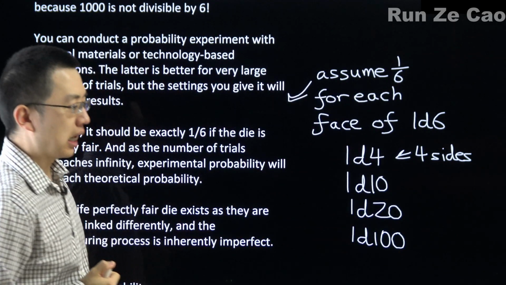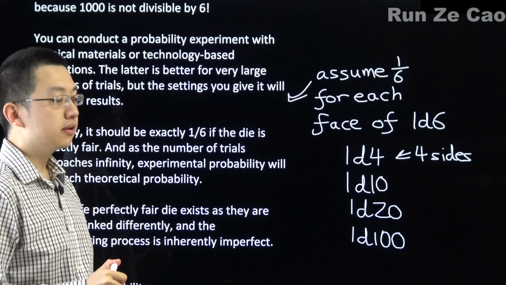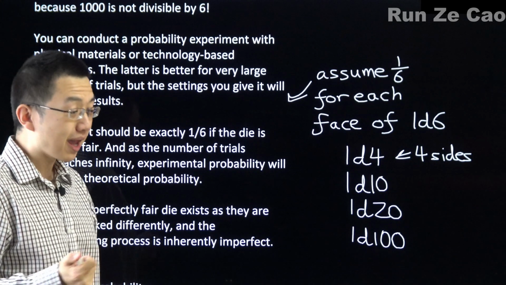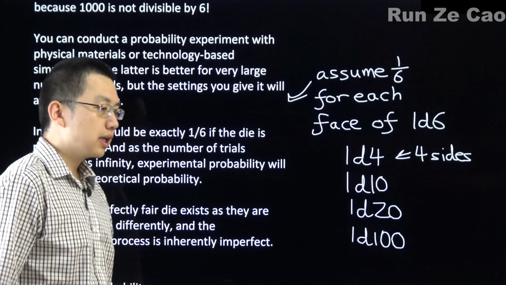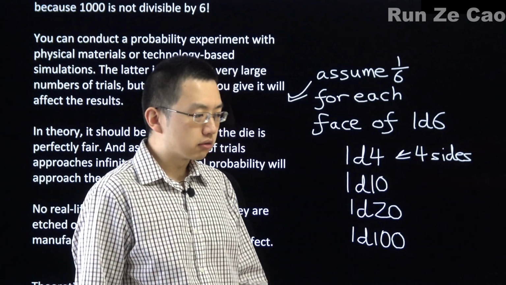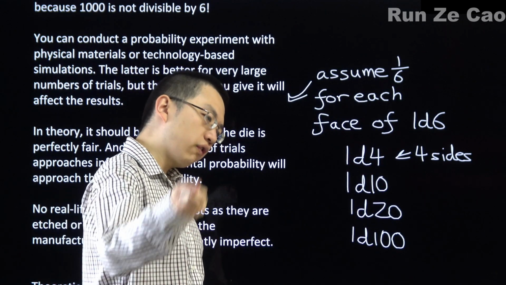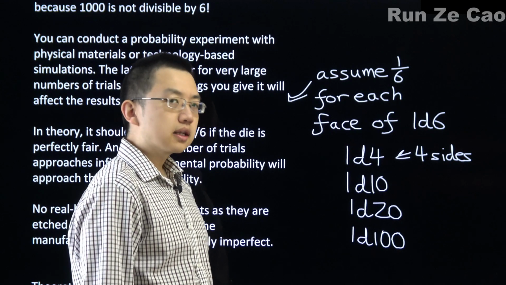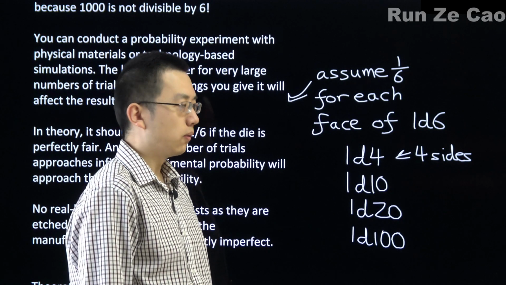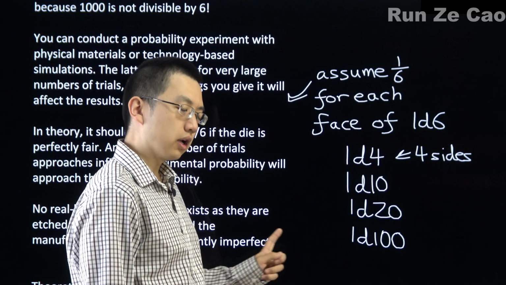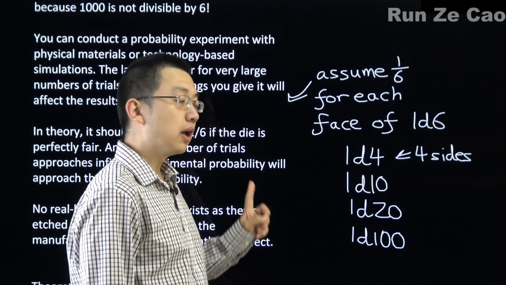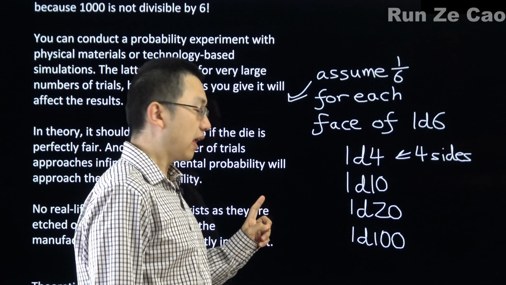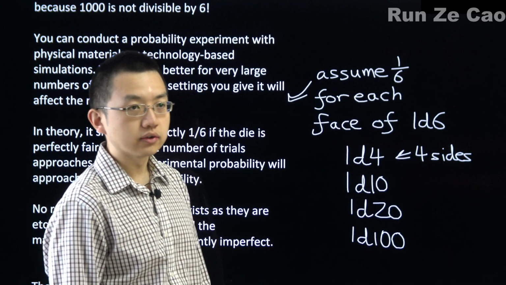Now for a 100-sided die, well, since that's kind of complicated to make, usually it's just two 10-sided dice. You roll for the tens digit and then you roll for the ones digit. This gives you 1/100 chance, in theory, of ending up with any one of the numbers from 1 to 100.